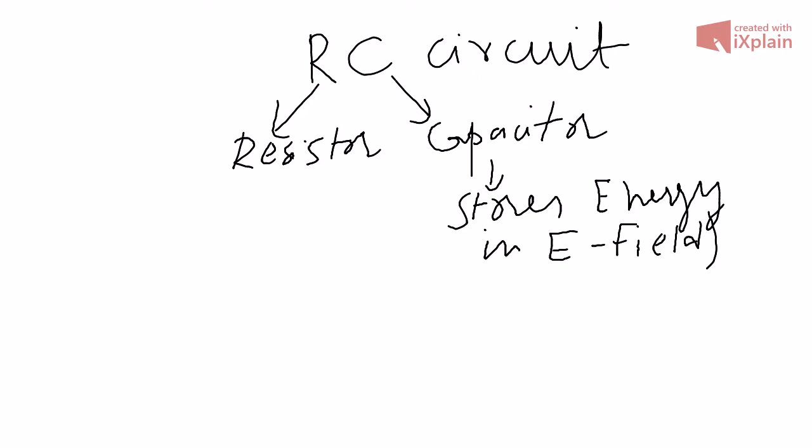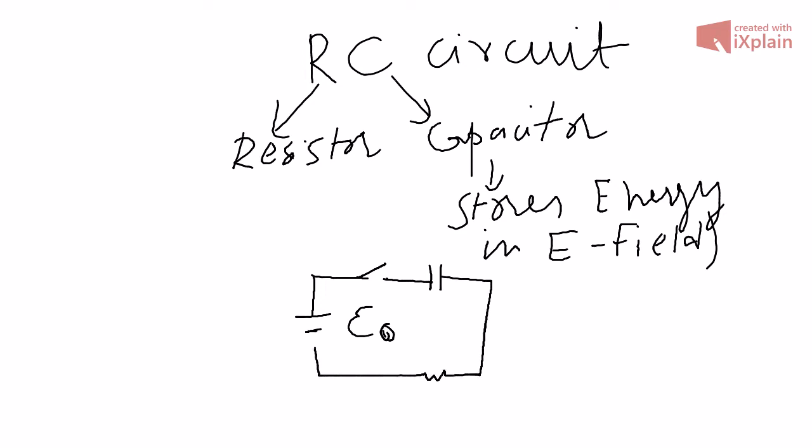So we have a diagram. We connect a source battery that has EMF E0, and there is a switch. Initially it is open, and a capacitor is connected in series with a resistor.